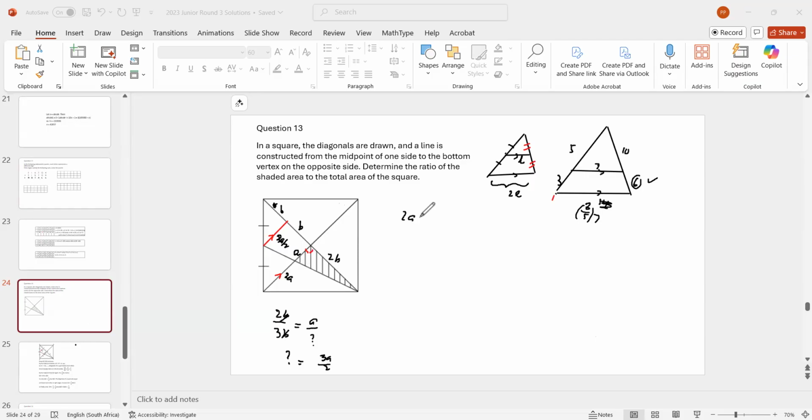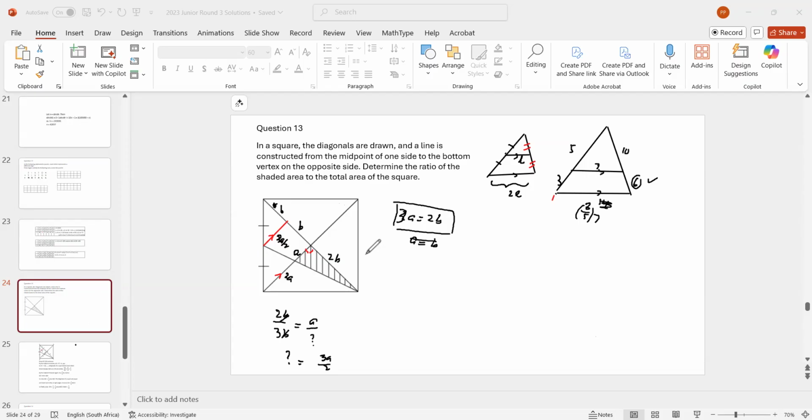So 2A is equal to 2B, A is equal to B. So these now become... actually, I'm sorry, it's 3A equals 2B. 3A equals 2B. All right, let's just keep this because this will be useful.